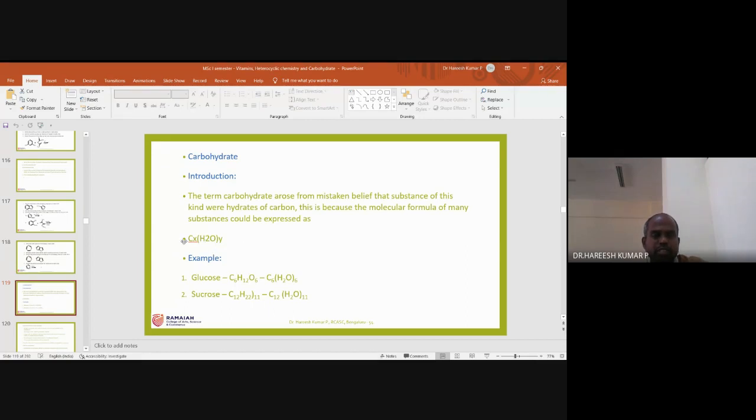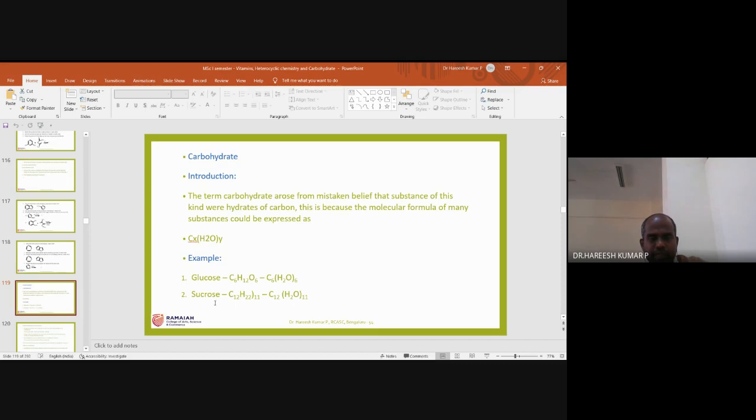CxH2Oy is applicable to certain carbohydrates, for example, glucose. C6H12O6 can be written as C6(H2O)6. So that means the general formula is applicable for glucose.